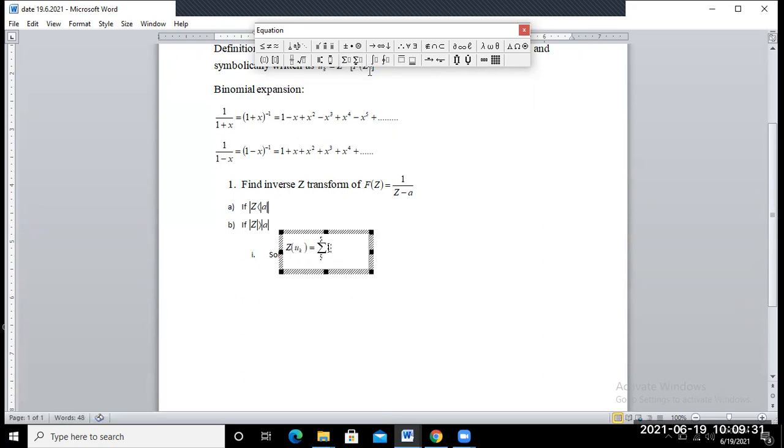So the summation of k equal to 0 to infinity of uk z to the power minus k.